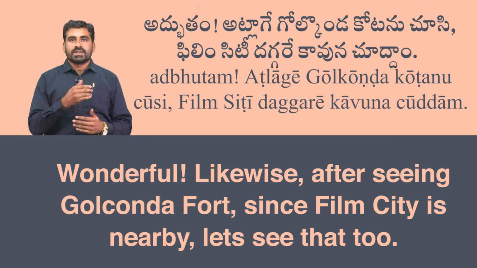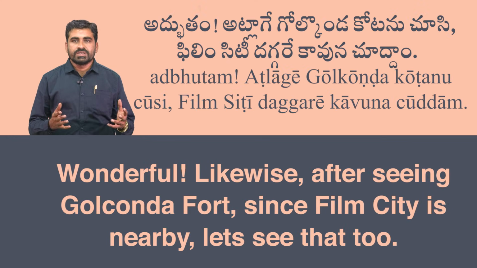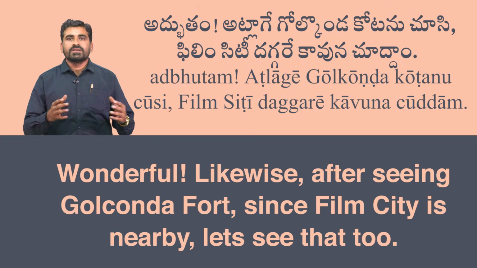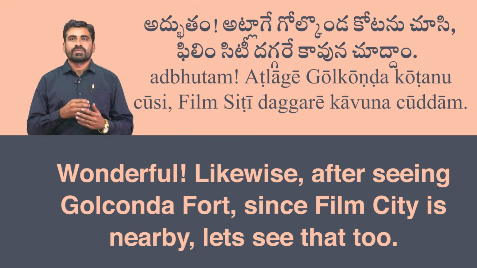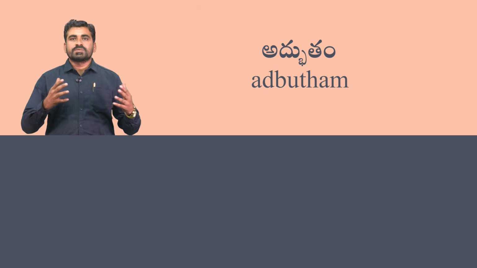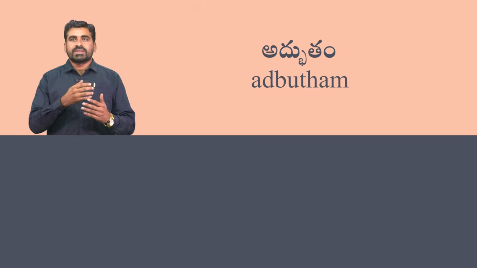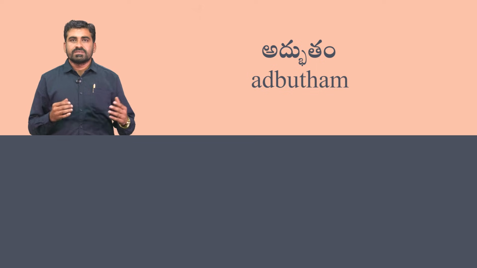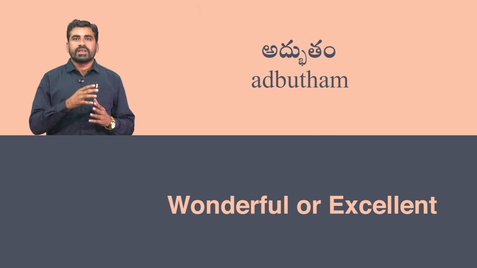అద్భుతం, అట్లాగే గోల్కొండ కోటను చూసి ఫిలిం సిటీ దగ్గరే కావున చూద్దాం. The first one, అద్భుతం, the word is derived from Sanskrit, an exclamatory adjective that means wonderful or excellent. It expresses agreement, excitement or appreciation for the idea previously mentioned.